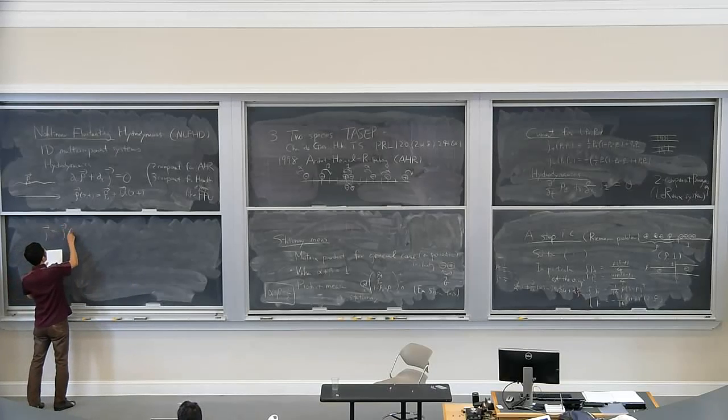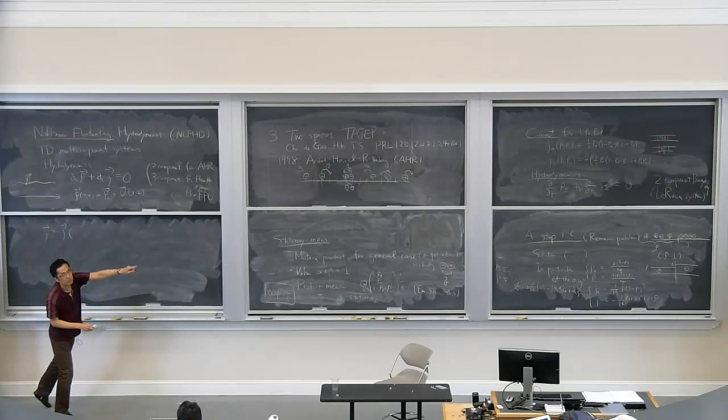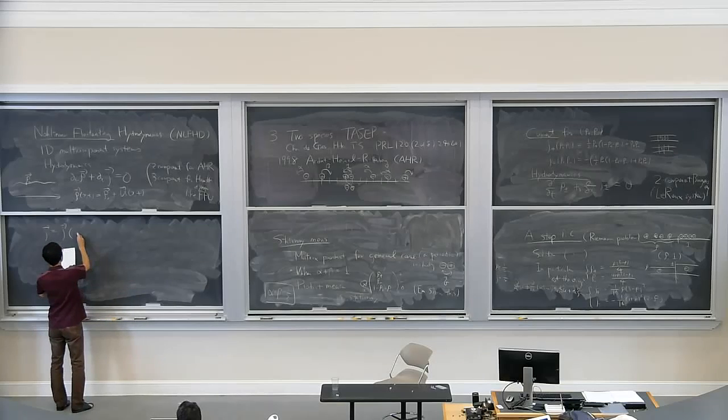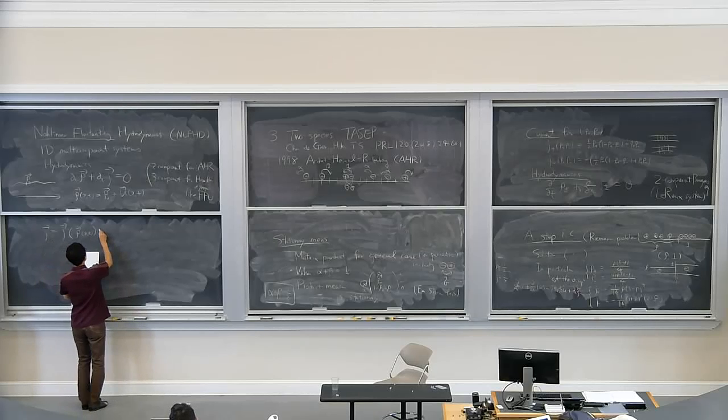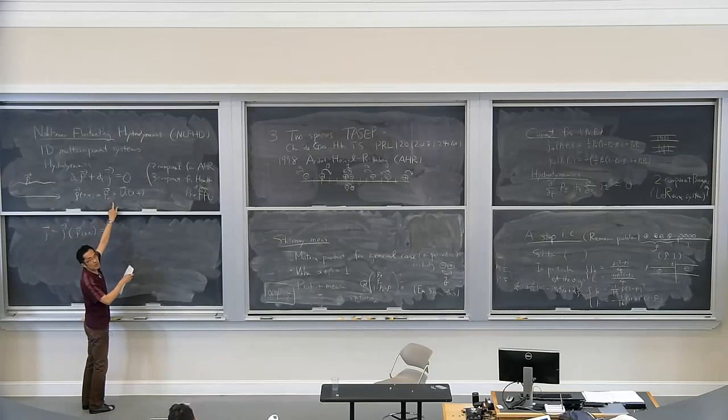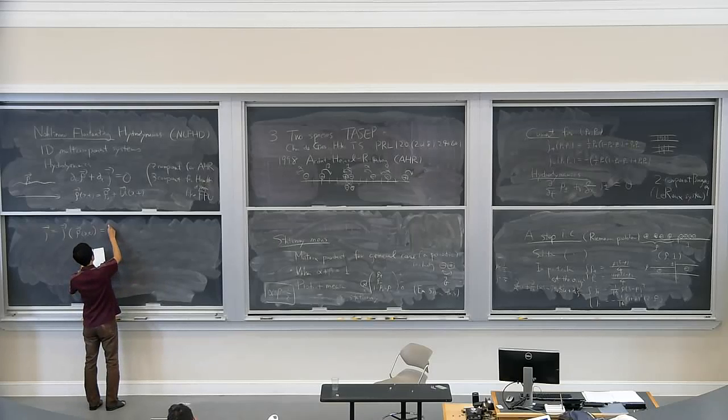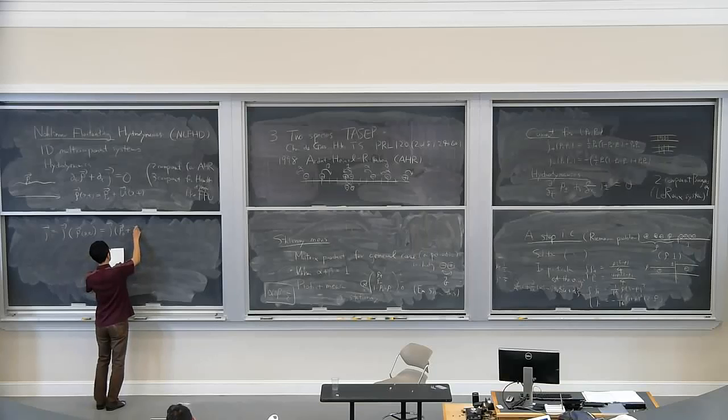And what happens for the current? The current is, as in the case of AHR, thought of as a function of the density field. Now we do this perturbation from rho 0. Then we have this.